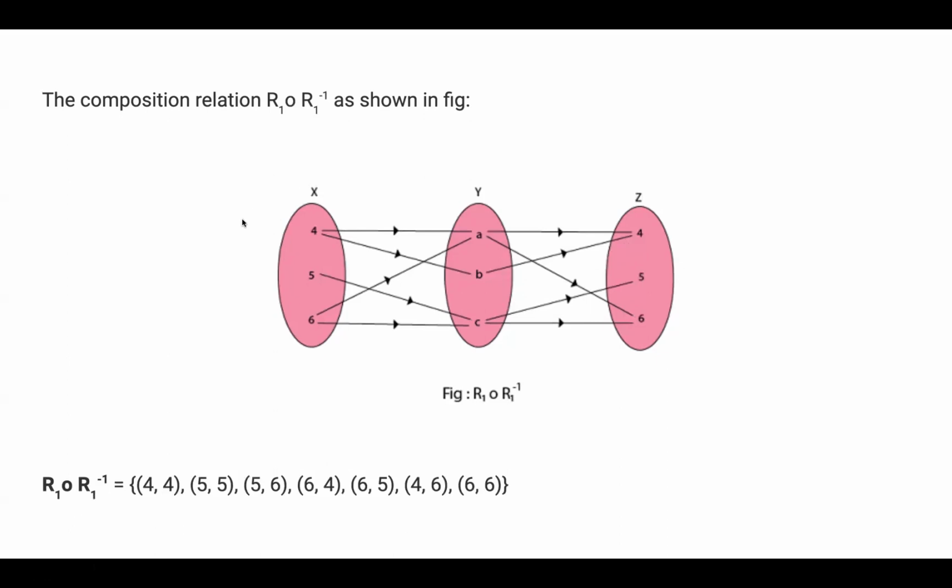Next one is the composition relation R1 composite R1 inverse, as shown in the figure. Here we can see R1 composite R1 inverse. R1 inverse is what again?